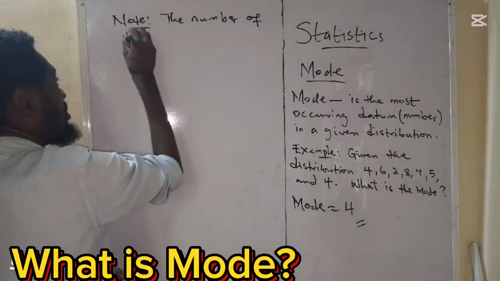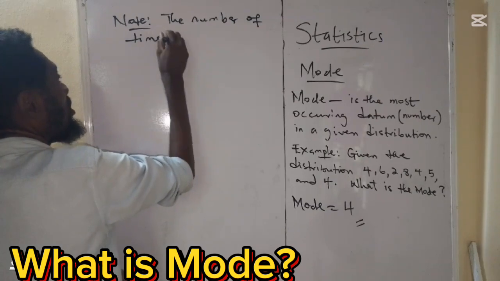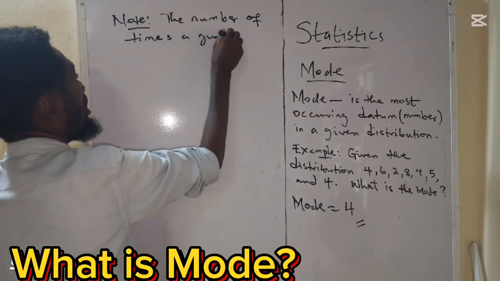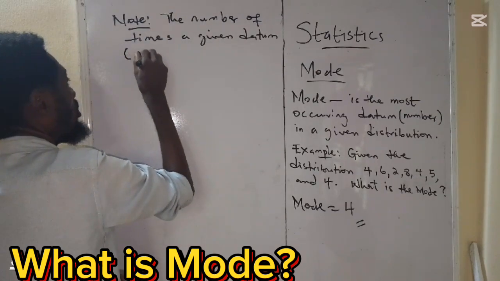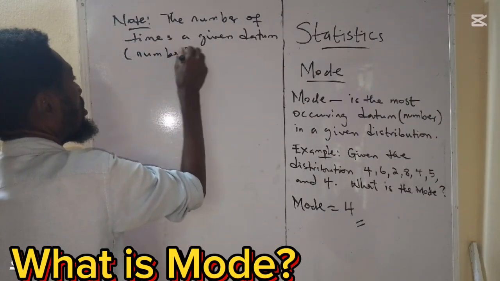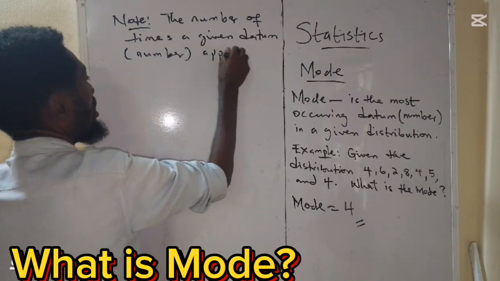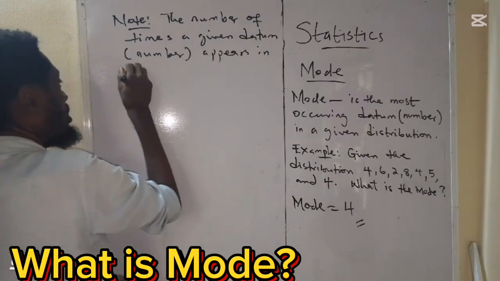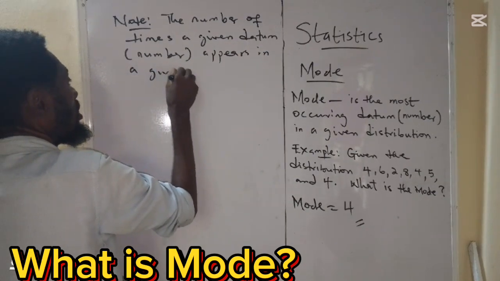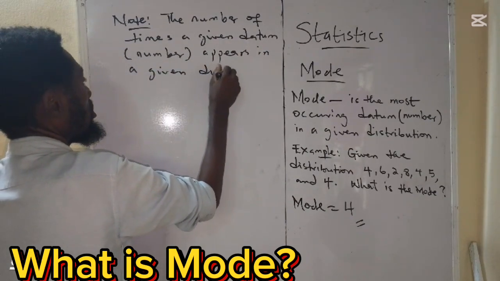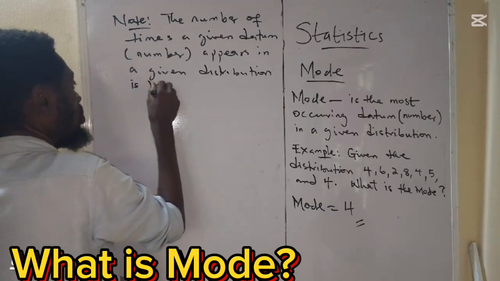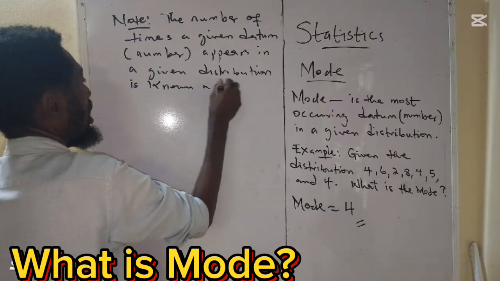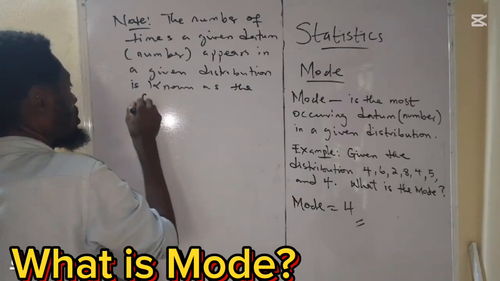The number of times a given datum or number appears in a given distribution is known as the frequency.